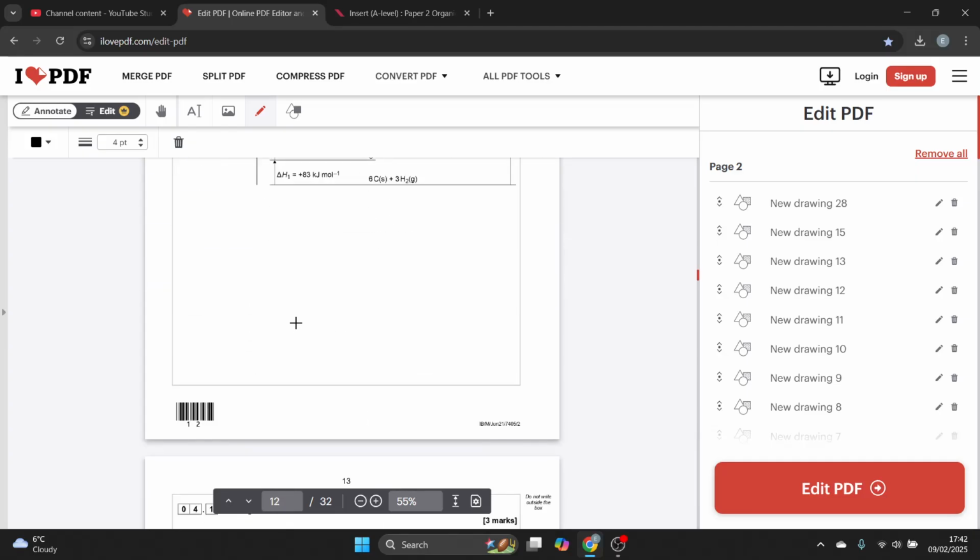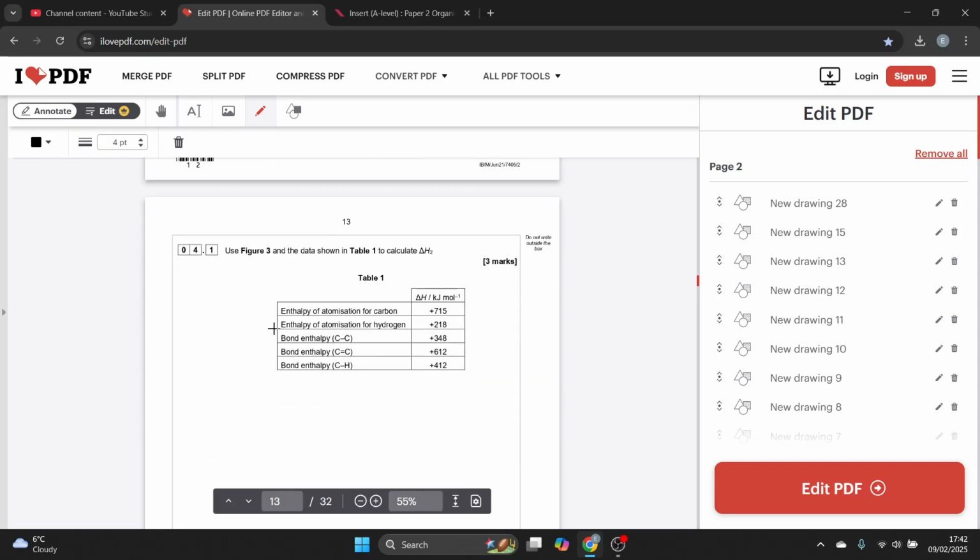So what I'm going to say is the enthalpy of atomization for carbon.